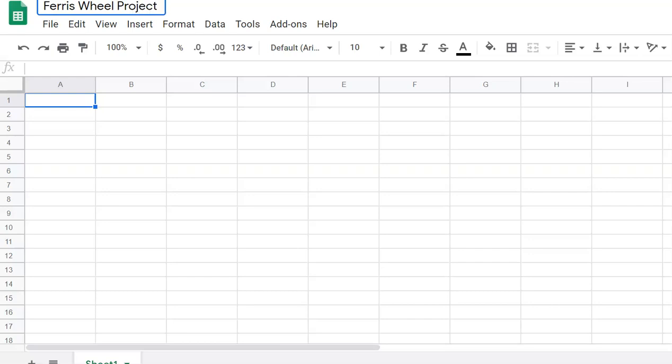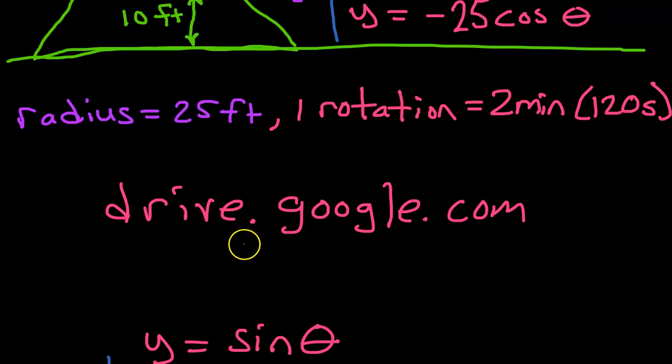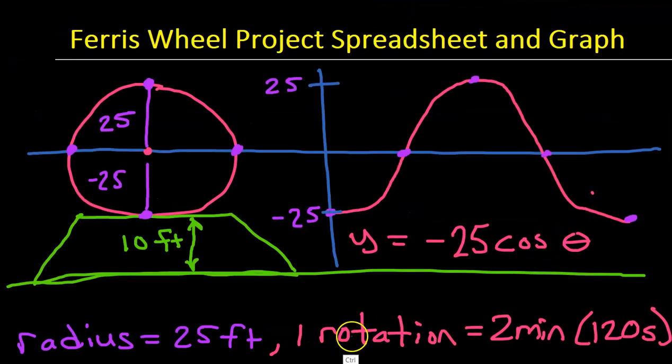So in the first column, we're going to put time. Ultimately we need 3 full rotations. What did I say one rotation would be? Let's take a look back here again. One rotation is 2 minutes, but I want to use seconds. So one rotation is 120 seconds.